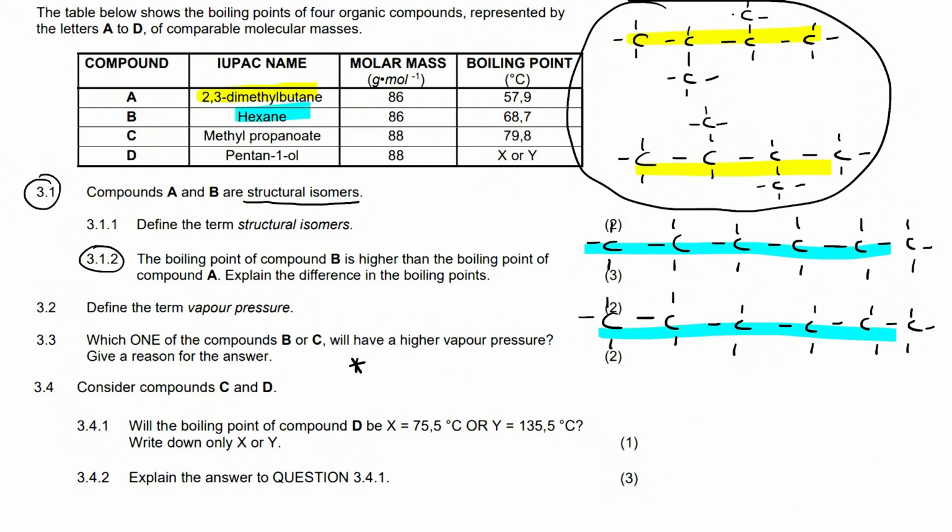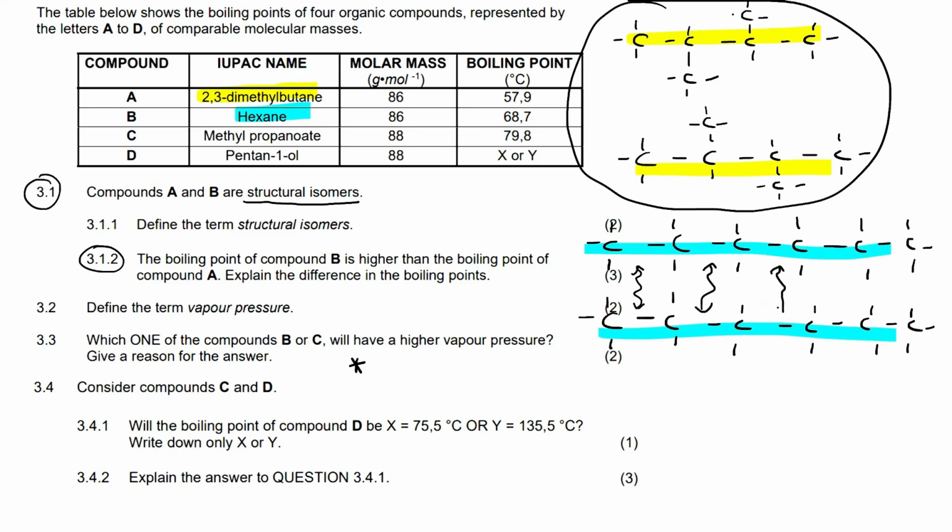However, London forces are not all equally strong. It depends on a couple things, such as the length of the chain, or whether there are any branches or anything like that. So the way I think about this is, with these 2 molecules over here, because they don't have any branches, they are able to get quite close to each other.